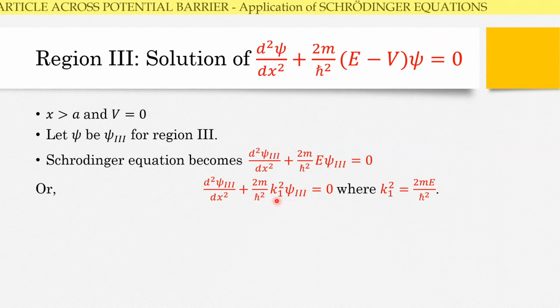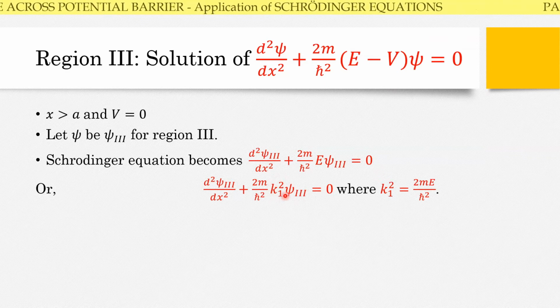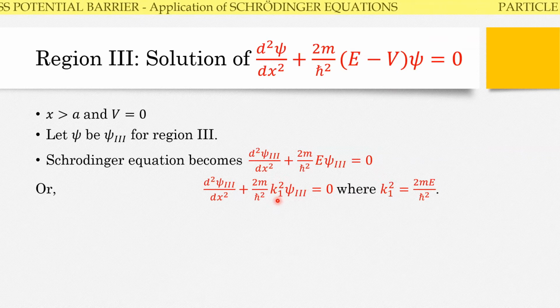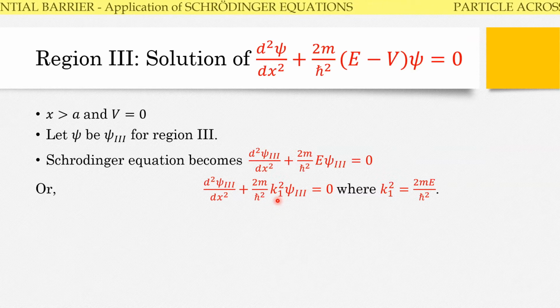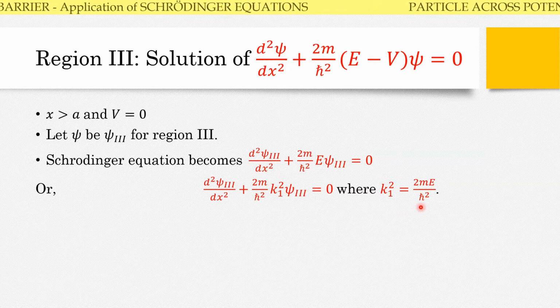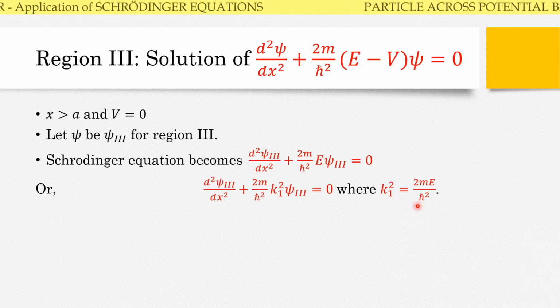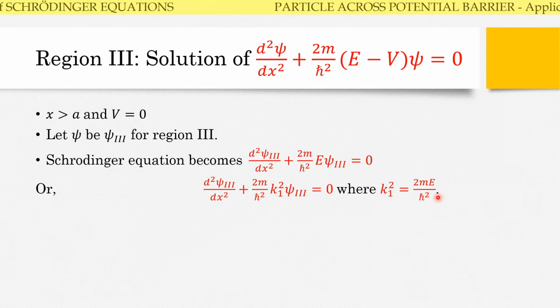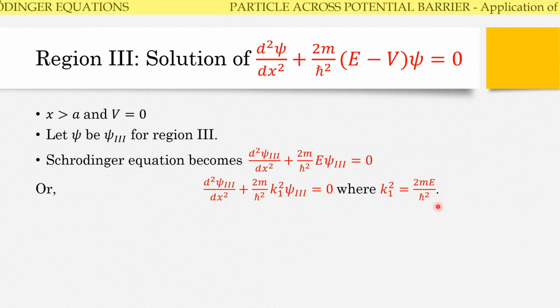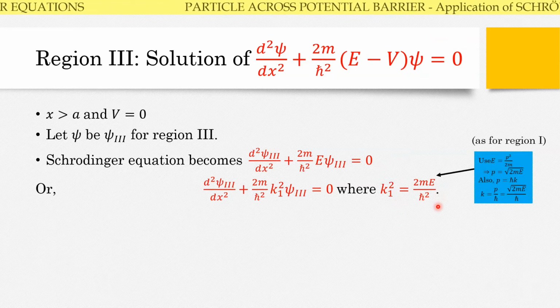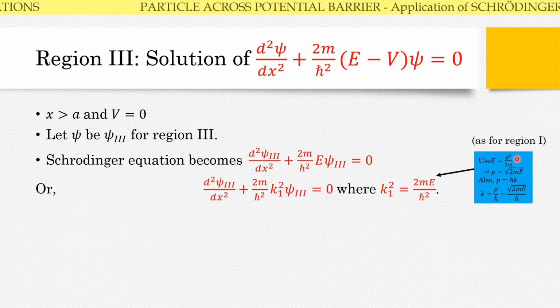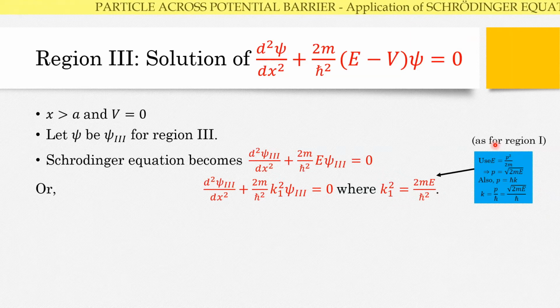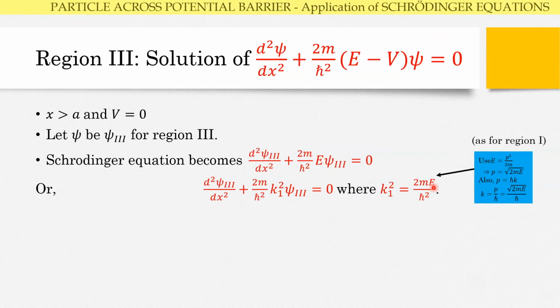The wave propagation vector of course becomes the same as was in region 1. It is written here k1, not k3, and k1 square equals 2mE over h cross square, or you can also write k1 as under the root 2mE over h cross square. Again, the relations are identical as we had used in the region 1.